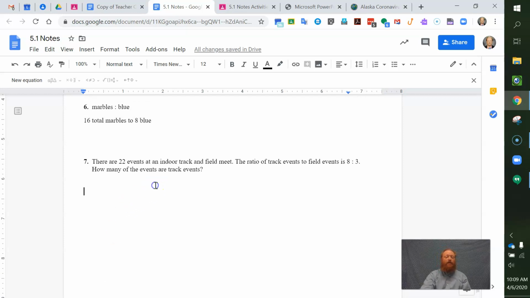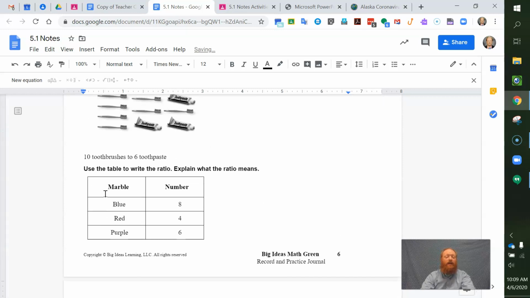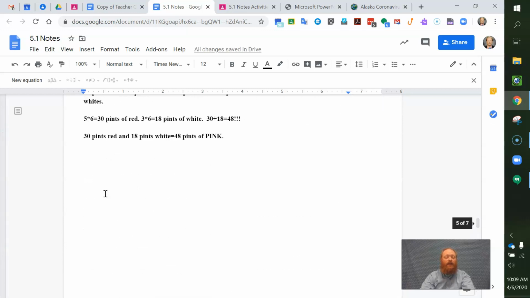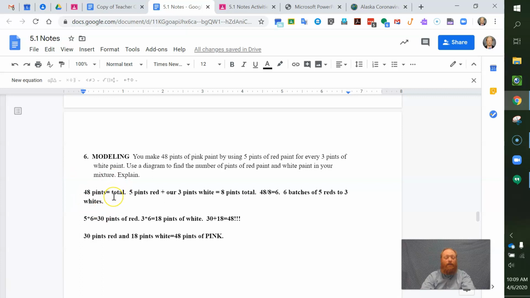All right, 7, and this is the last question. There are 22 events at an indoor track and field meet. The ratio of track events to field events is 8 to 3. How many events are track events? Okay, so 8 to 3. Remember, we have 22 total. So this is actually a lot like this problem here.